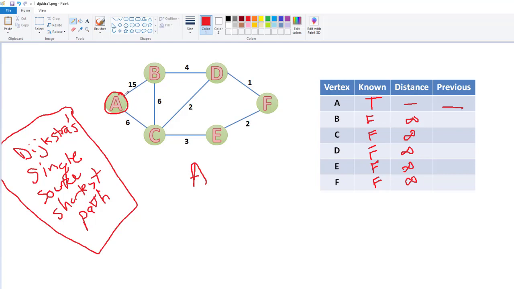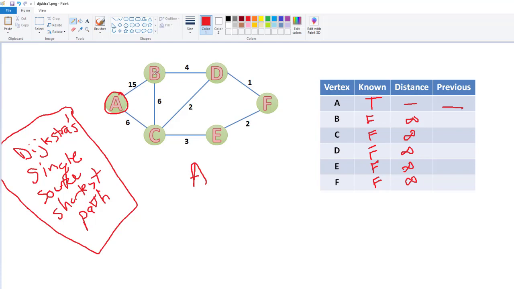So I want to know, okay, what is the shortest path so far from A to B? A is connected to B, and A is connected to C. So I would ask, is the value I'm looking at, the total distance to the single source, shorter than what's in the table?